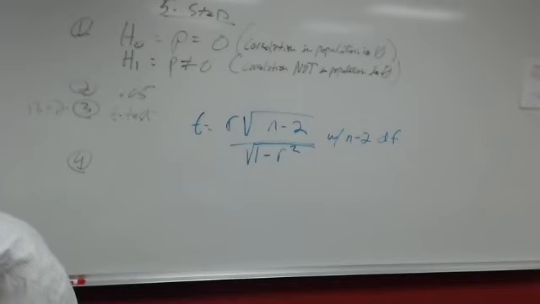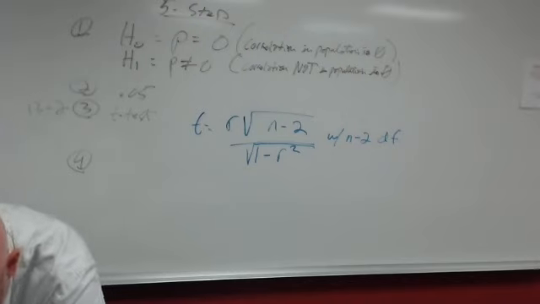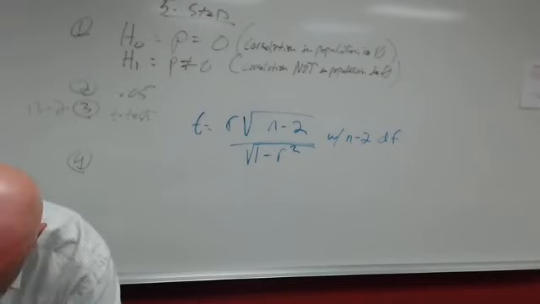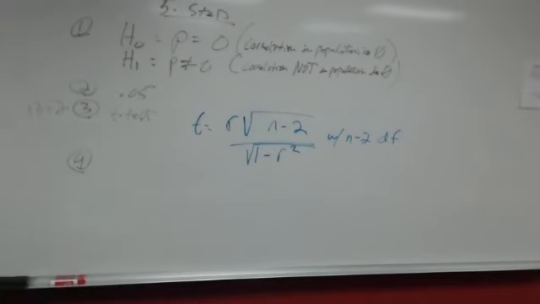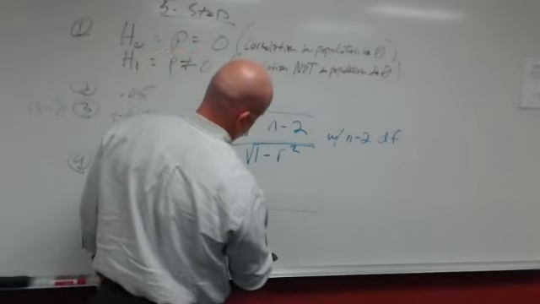So how are we going to put up this decision rule? First off, is this a one-tail or two-tail test? Two-tail. Okay, so it's going to be a two-tail test.